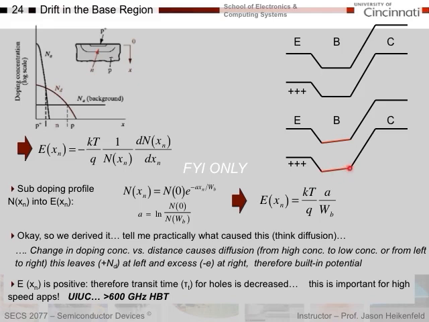But now I've got this extra electric field to kick them across there at even higher velocities. In the previous lecture I talked about that record-breaking transistor, and in the write-up for that, they said that basically they use this graded doping profile to enhance transport of carriers across the base.